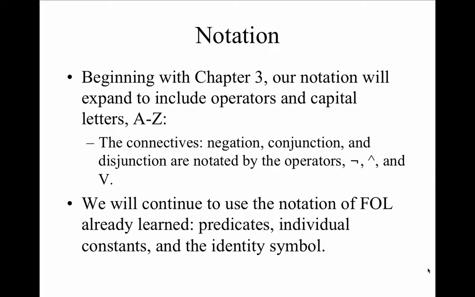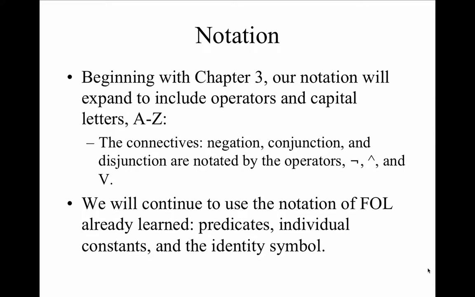So before we move into what it means for a sentence that is governed by a negation or a conjunction or a disjunction to be true or false, let's talk about what our new notation is going to involve. So we're going to continue using the notation we already know, right?